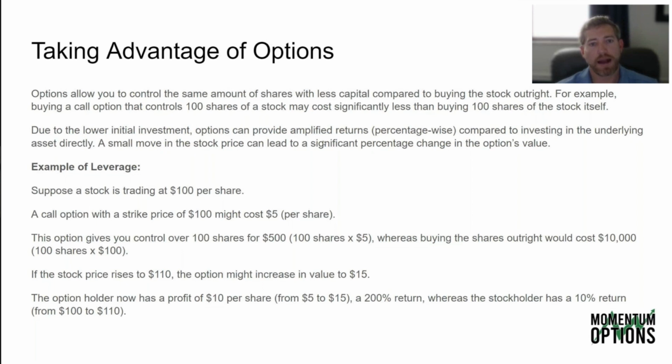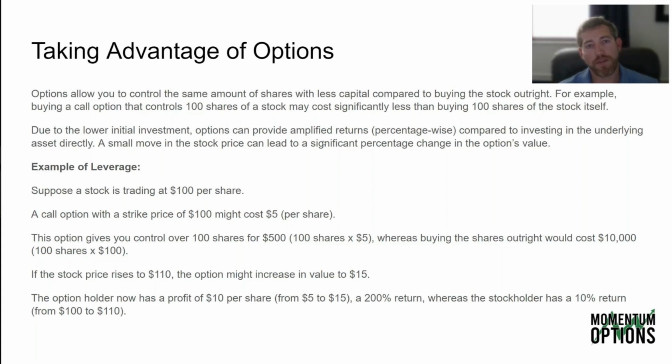So, like I said, options allow you to control 100 shares of that underlying equity. And due to the fact that they're significantly cheaper than buying the stock outright, you can actually get significantly greater percentage returns compared to investing in the stock. For example, suppose a stock is trading at $100 per share, and you can buy a call option with a strike price of 100, meaning you can buy the stock at $100 for $5 per share.